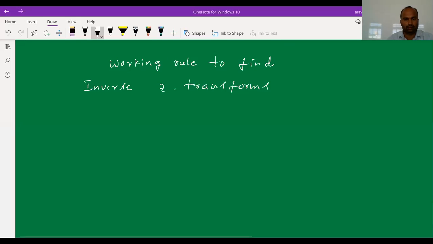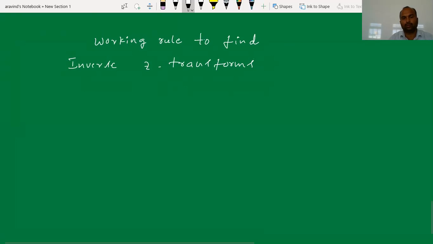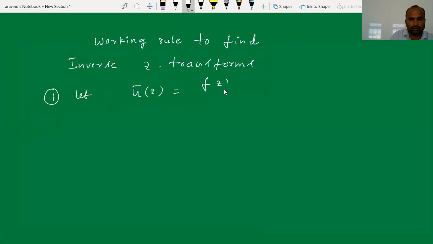In this video, I will give you the working rule to find the inverse z transform. So the first step: let u bar of z equals f of z by g of z be the given.